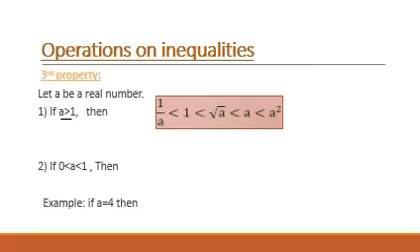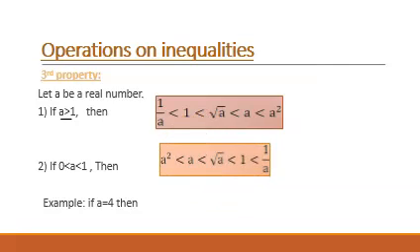The inequality will be changed. I will have A squared in this case less than A, less than radical A, and less than 1, which is also less than 1 over A. For example, if you have A equals 4, then 1 over 4 is less than 1, is less than radical 4, is less than 4, is less than 4 squared.